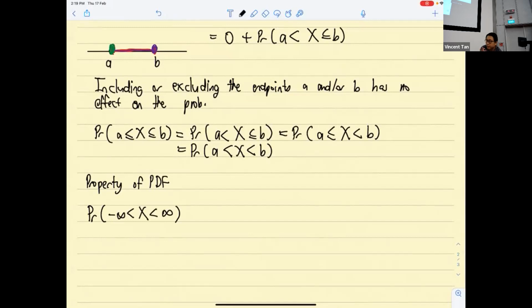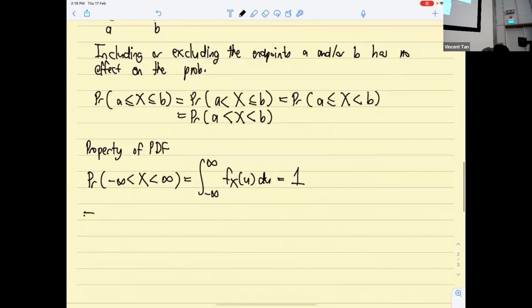Random variables cannot take on plus or minus infinity. So this probability must be equal to 1 because it includes all the real numbers from minus infinity to infinity, excluding both. The real numbers don't include plus or minus infinity. So that is equal to the integral from minus infinity to infinity of f_X(u) du. So this must be equal to 1.